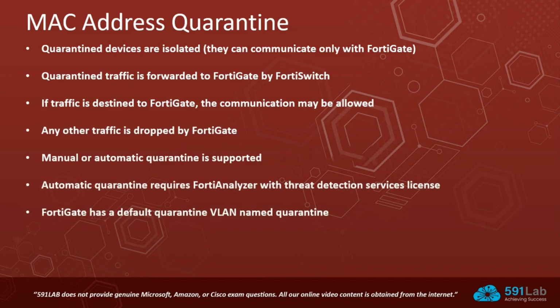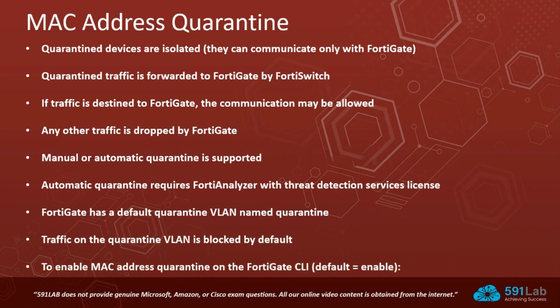Let's understand the difference between by VLAN redirect MAC address quarantine mode and by redirect MAC address quarantine mode. VLAN mode is the default mode. In this mode, FortiGate moves the quarantined MAC address to the quarantine VLAN. Assume that you are using the default quarantine VLAN as your quarantine VLAN.